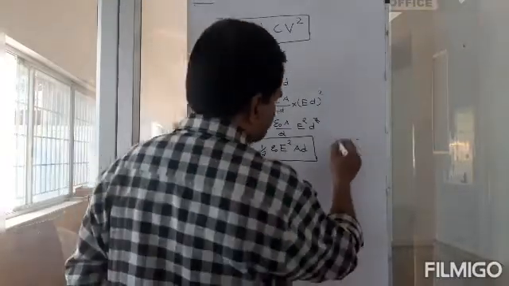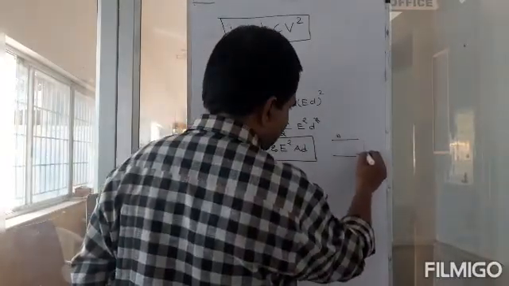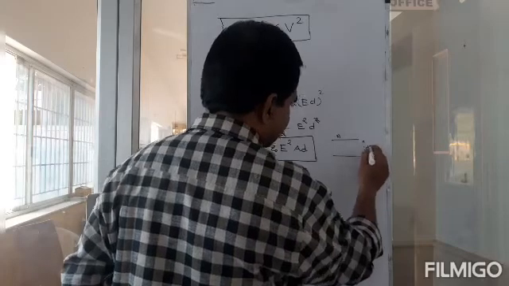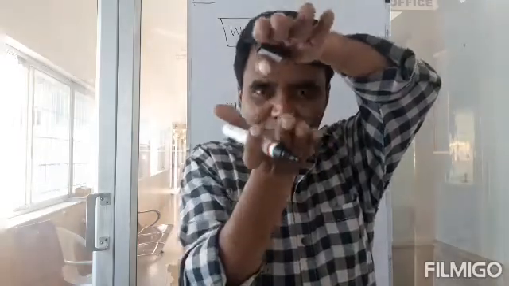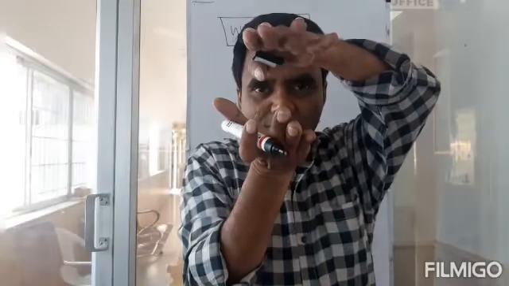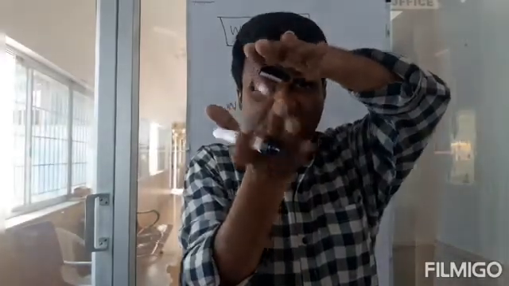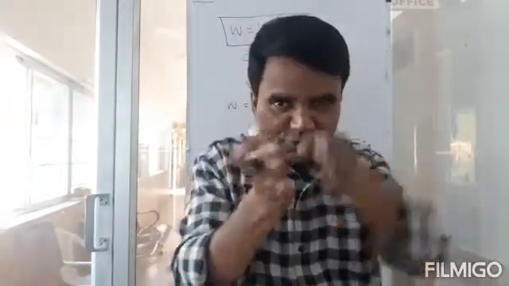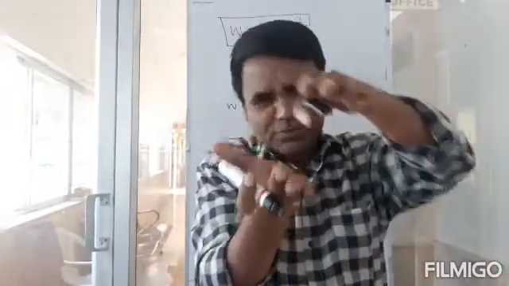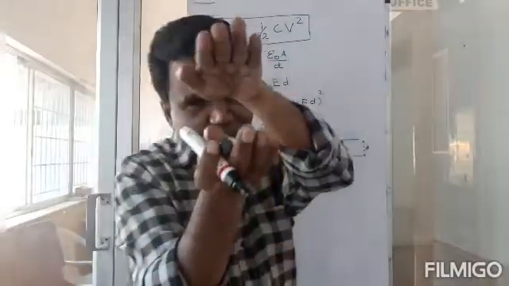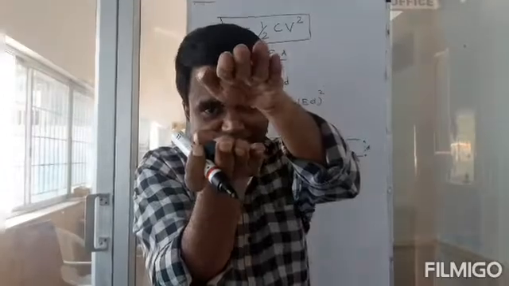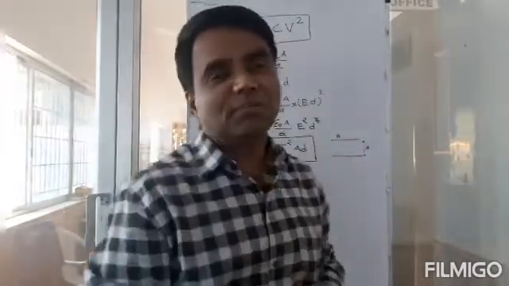Notice that it is labelled A and this is labelled D, the distance of separation. So it's actually talking about the volume contained within the two plates. So area and this distance D, right? So this is the volume we're talking about. So we can say that this total energy is stored in that volume between the plates.